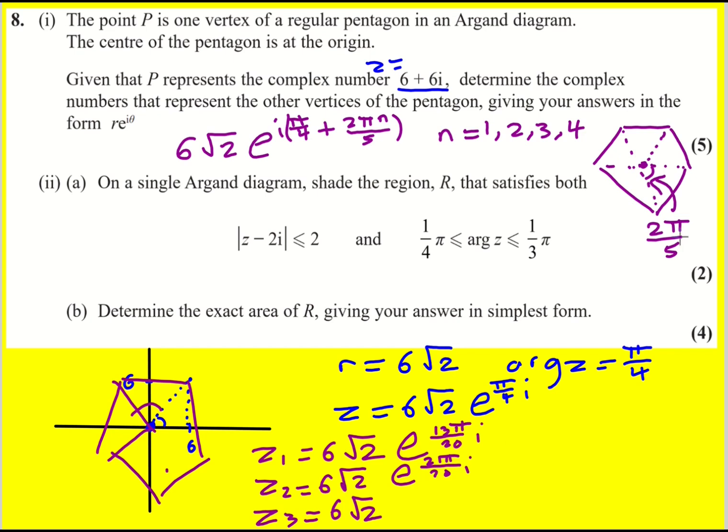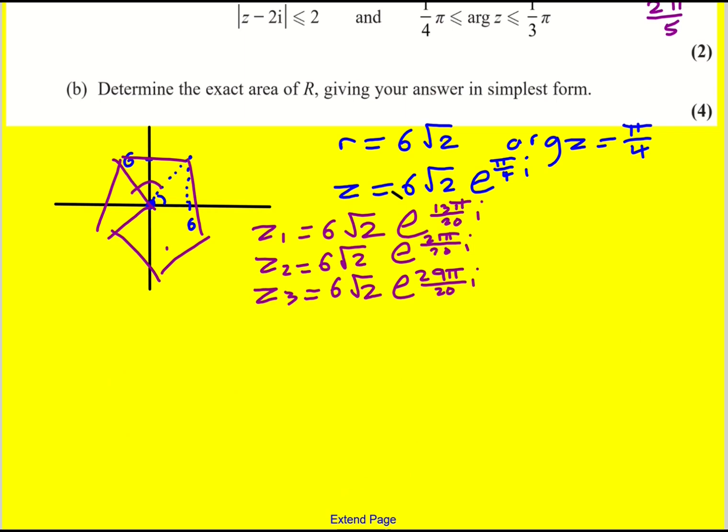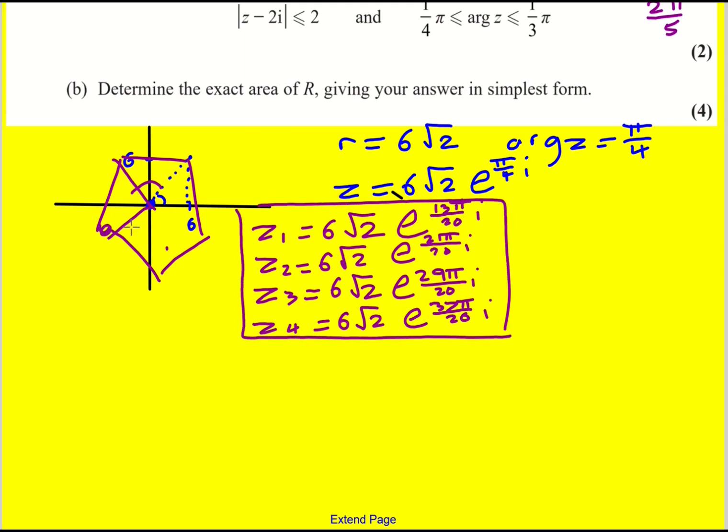We're actually just adding on 8 to the numerator every time. So the next one is going to be 29 pi over 20 i. And then 37 pi over 20 i. And these are the other 4 complex numbers which make up the regular pentagon.